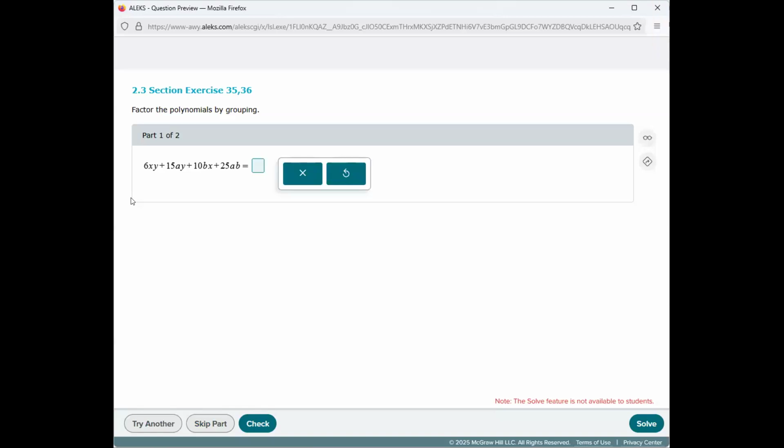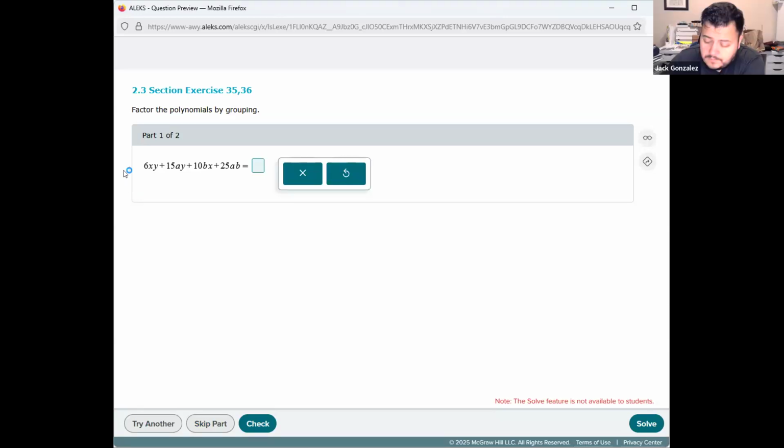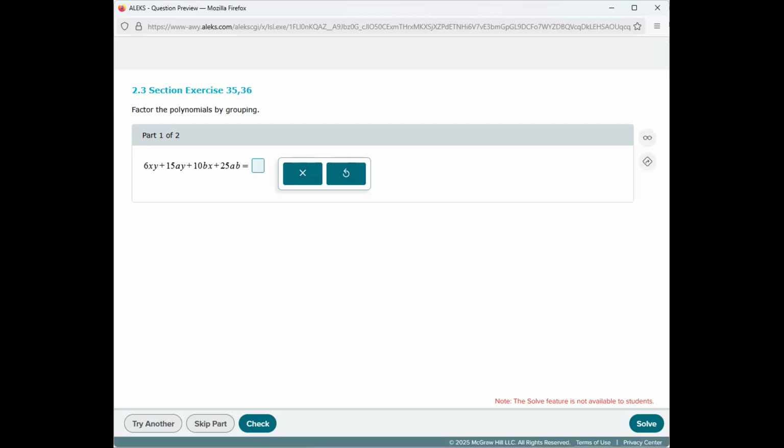This is how you do grouping. You basically group two at a time and pull out a GCF, and then hope that the GCF you pulled out matches. But for the most part, these questions should work. They should match.